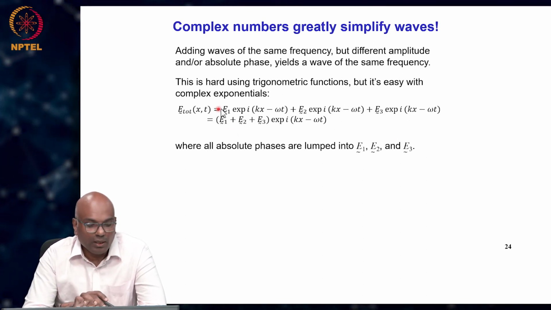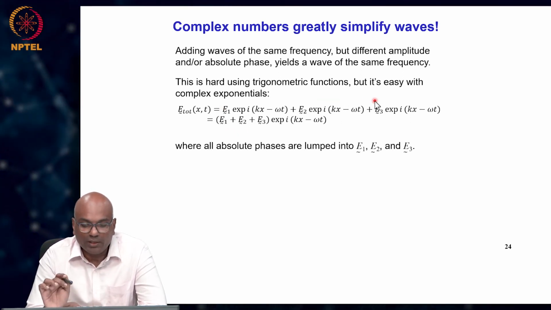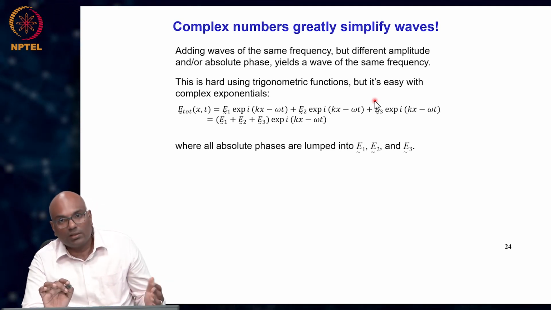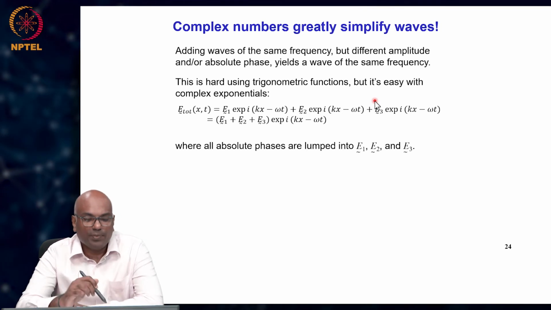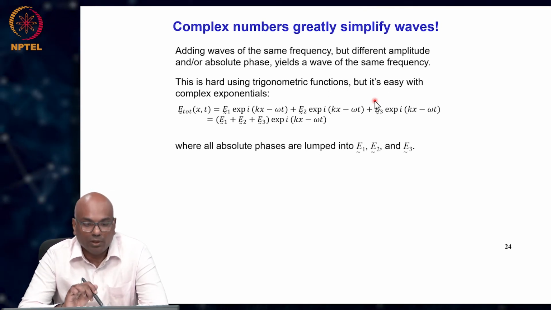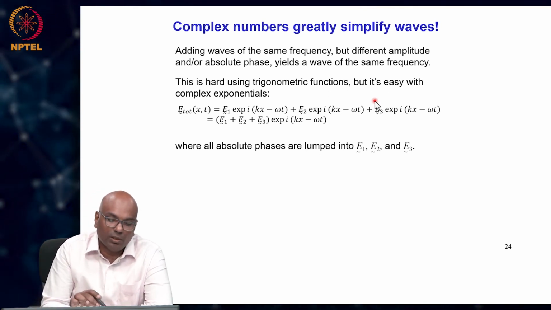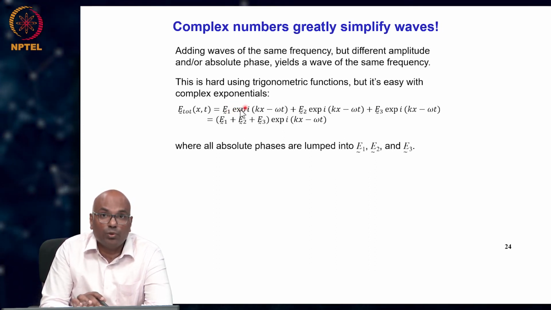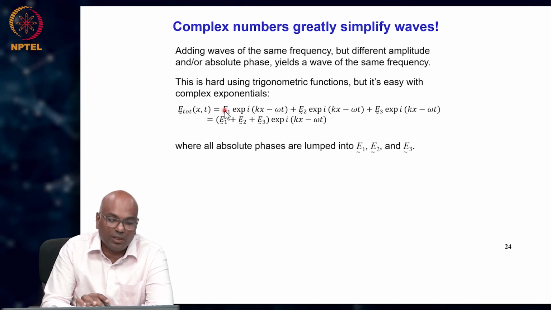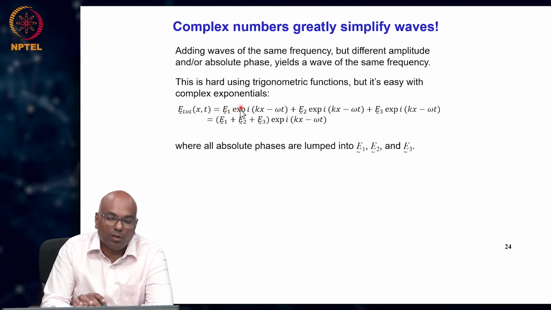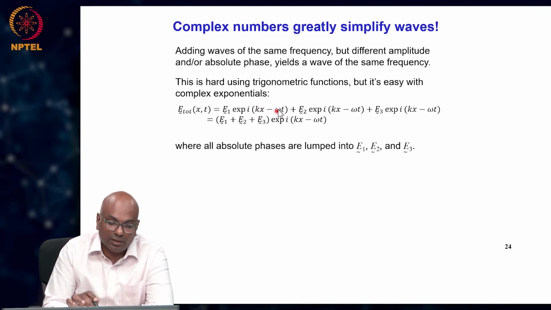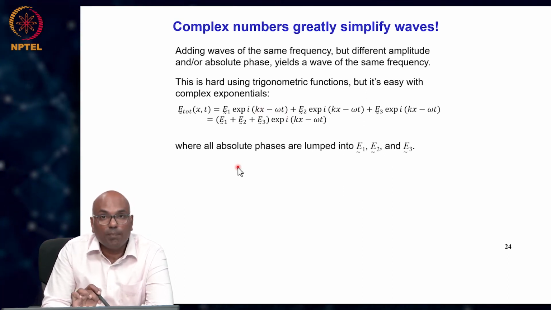But then E1 tilde, E2 tilde, and E3 tilde need not be identical. If we consider this instructive example, then in the case of using the complex notation, look at what happens. Now this is a multiplication of two complex valued functions, E1 tilde multiplying the complex exponential function with kx minus omega t in its argument, right?